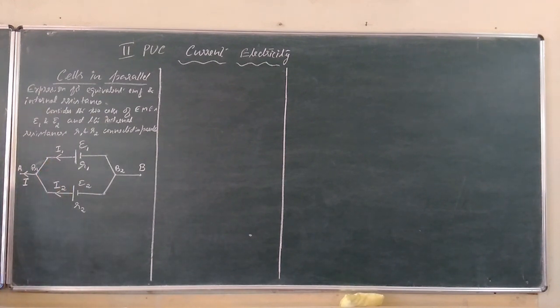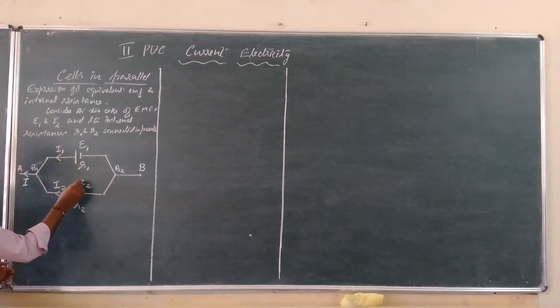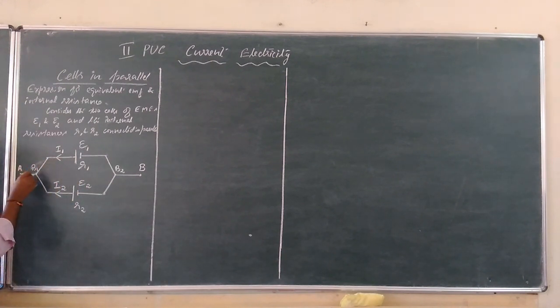So E1 sends a current I1 and E2 sends a current I2. So the net current flowing from the combination to the external circuit is I, and naturally I is equal to I1 plus I2.